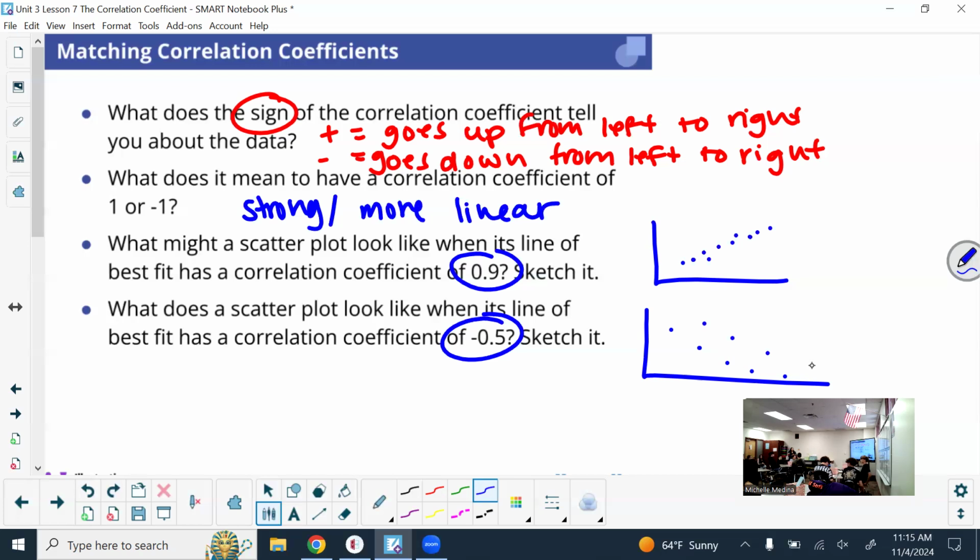So definitely not all on the line of best fit, but loosely related to it. You could still tell it's going down from left to right. It's not a no correlation, so it's not 0. It's right in between. It's hard to say whether it's strong or weak, but I would say it's definitely not strong because then it'd be close to -1 if it was.